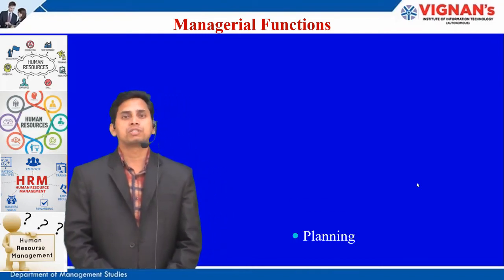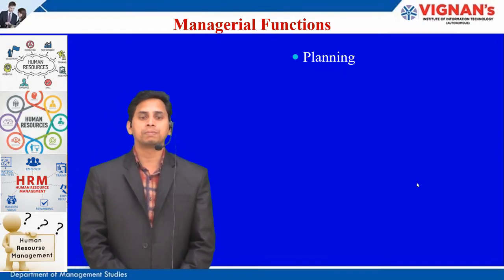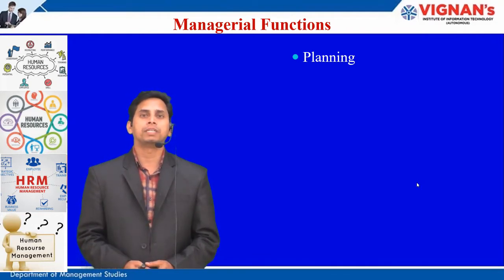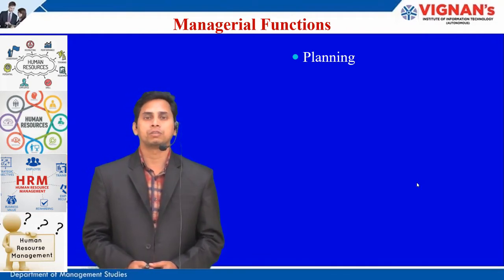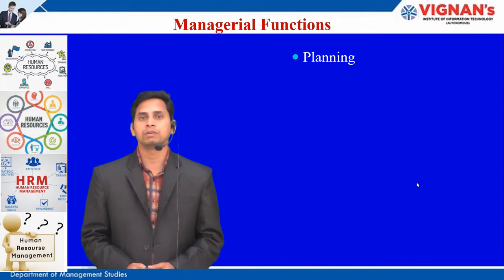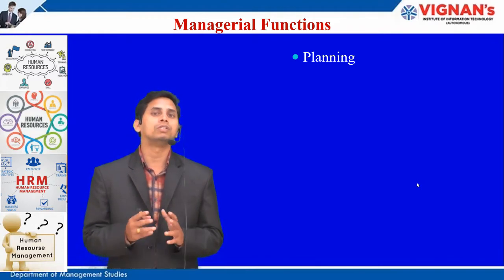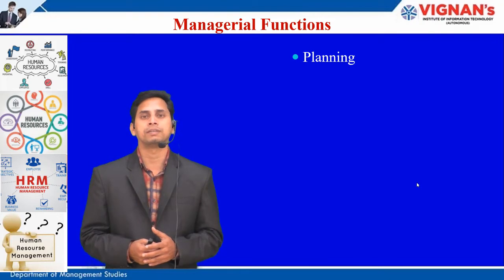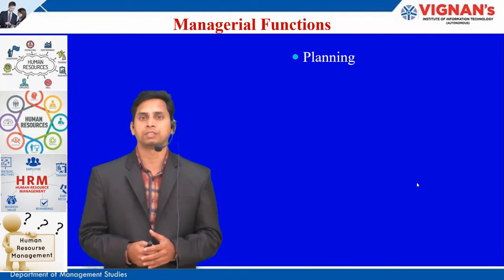The first and foremost function that is performed by the human resource manager is planning. HR manager is an important resource for the organization, because they are going to handle the human resources of the organization. They handle the human resources by way of the planning function. Every human resource manager plans the activities of various people in the organization.